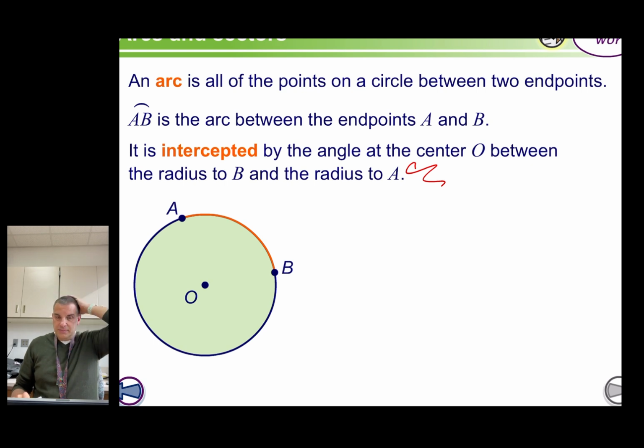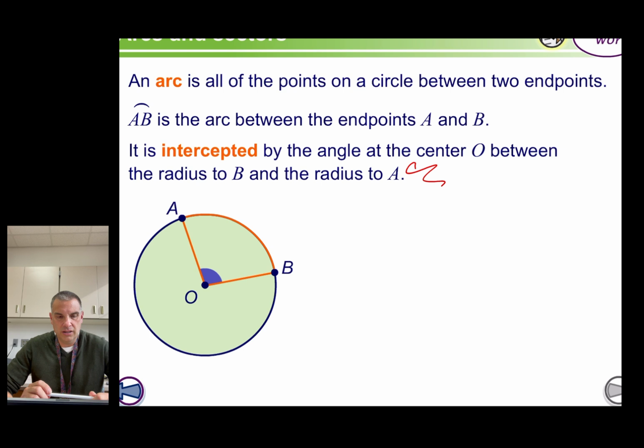It is intercepted by the angle at the center O between the radius B and the radius A. So we can put in there what we call an intercepted angle, or this is also called a central angle.